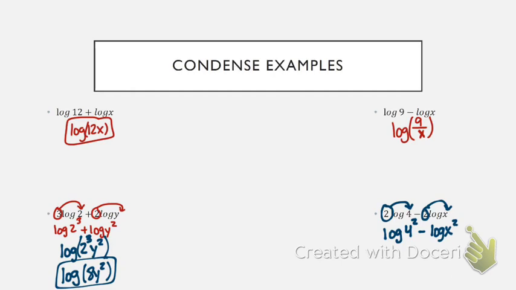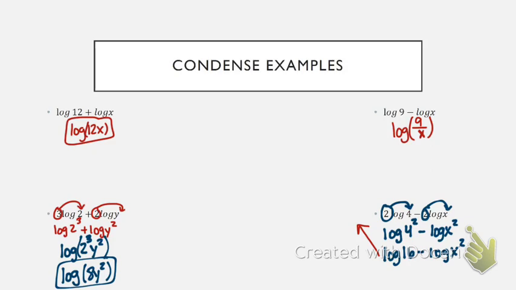Well first, 4 squared is 16. So I'm going to rewrite that. But that says log 16 minus log x squared because 4 squared is 16, so I can rewrite it.